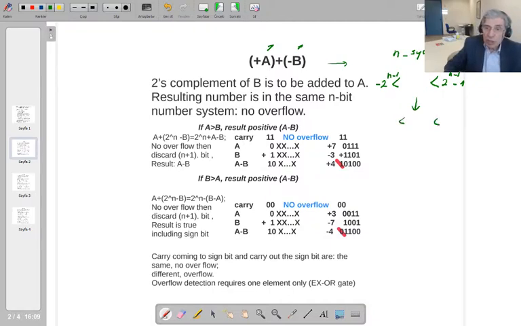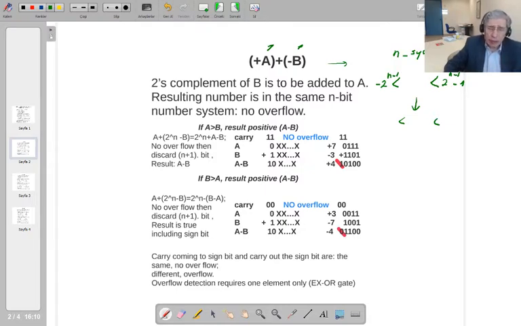The change from this number system to this one is called overflow. There is an overflow from that number system to this one. We call it the overflow case. So keep that in mind.